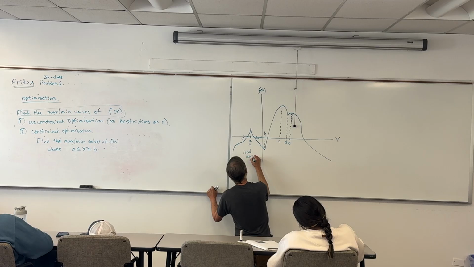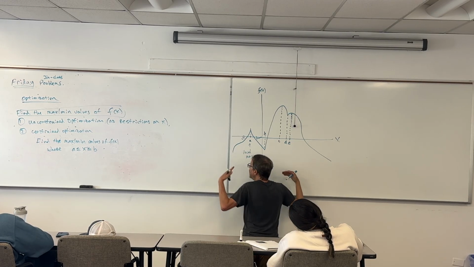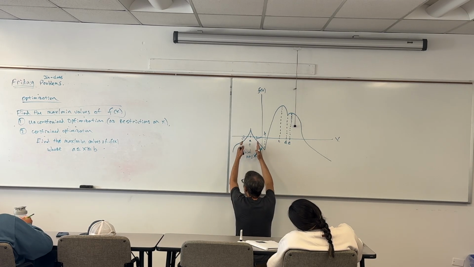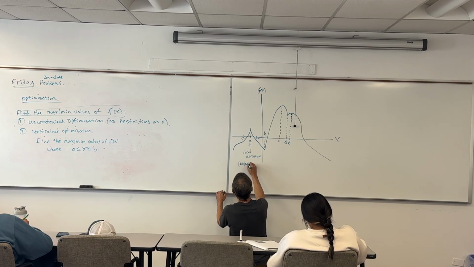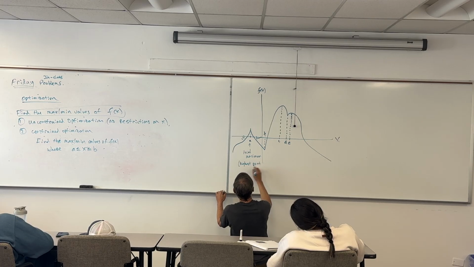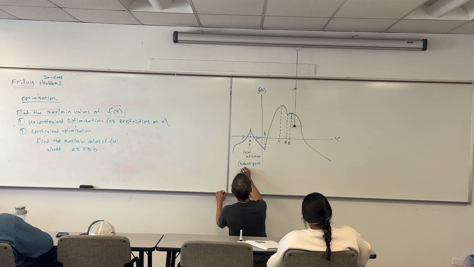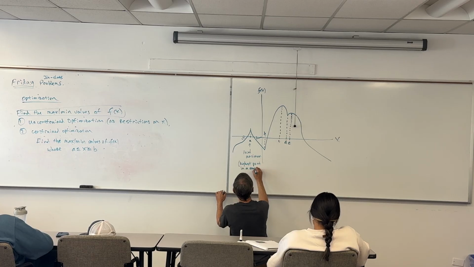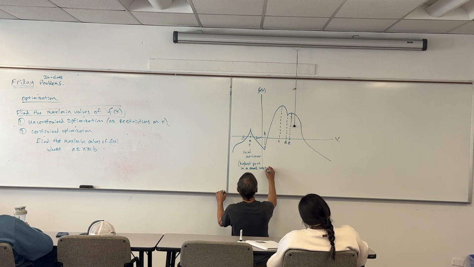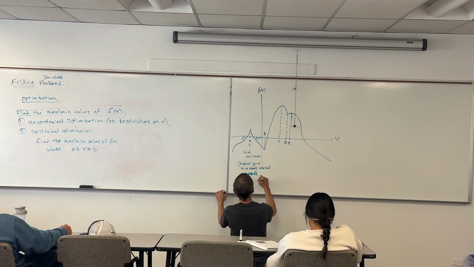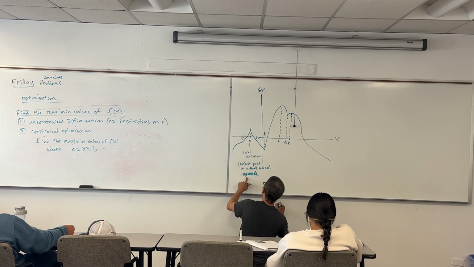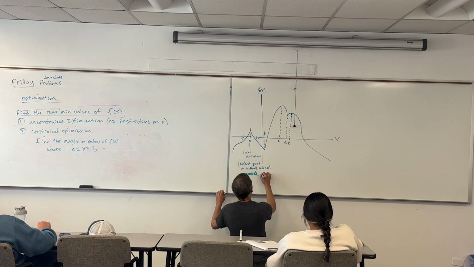It's a local maximum because nearby, in a local area, it is the highest point. So highest point in a small interval around x equals a. Trying to spell. I made a resolution just now. I'm going to try to spell better. That says around x equals a.